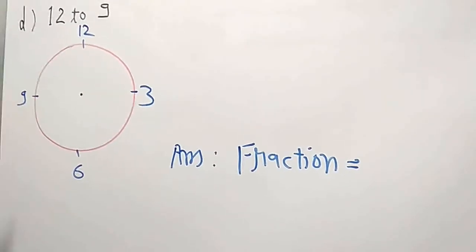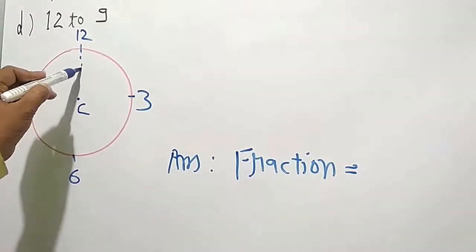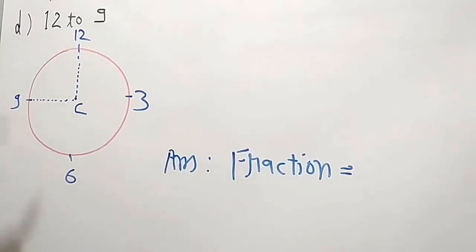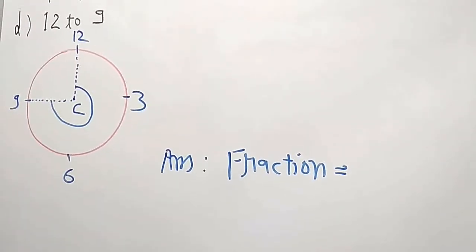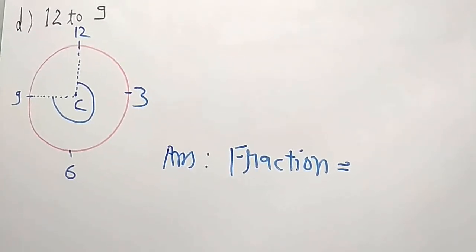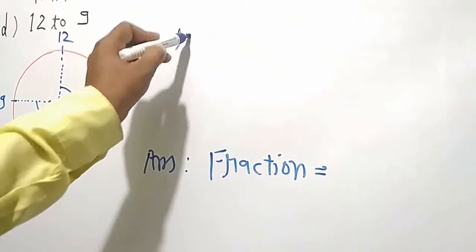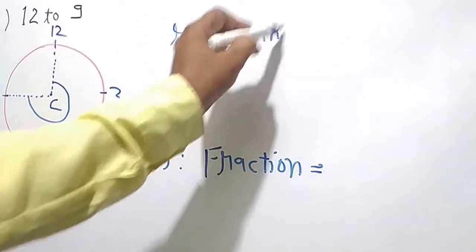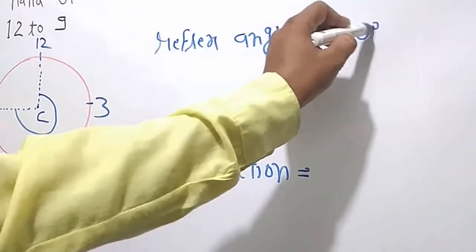12 to 9. This time we join 12 with the center point and the center point with 9. We are talking about this angle. It is the angle of 270 degrees, a reflex angle of 270 degrees.